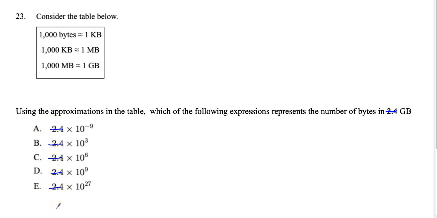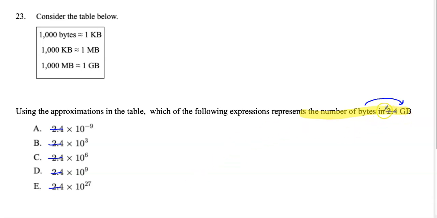Now, what this question really boils down to is the following. It's asking for the number of bytes in a gigabyte. How many bytes are in a gigabyte? So let me show you how I go about this.